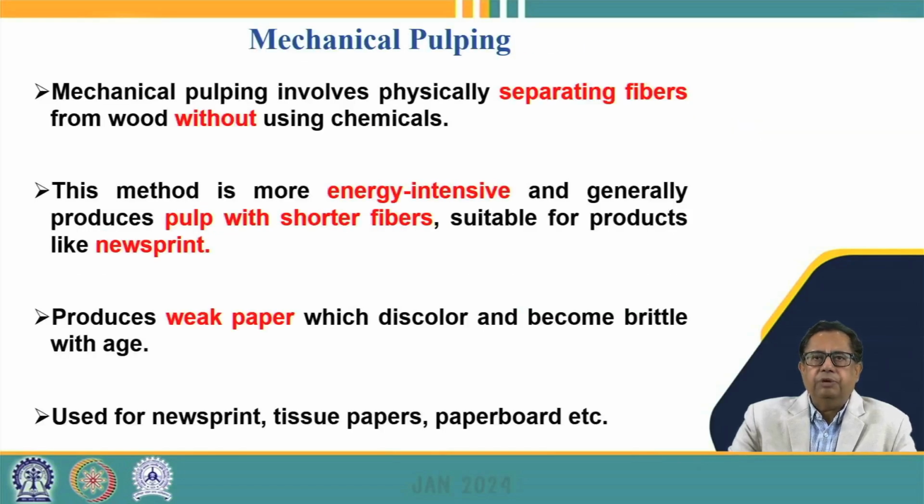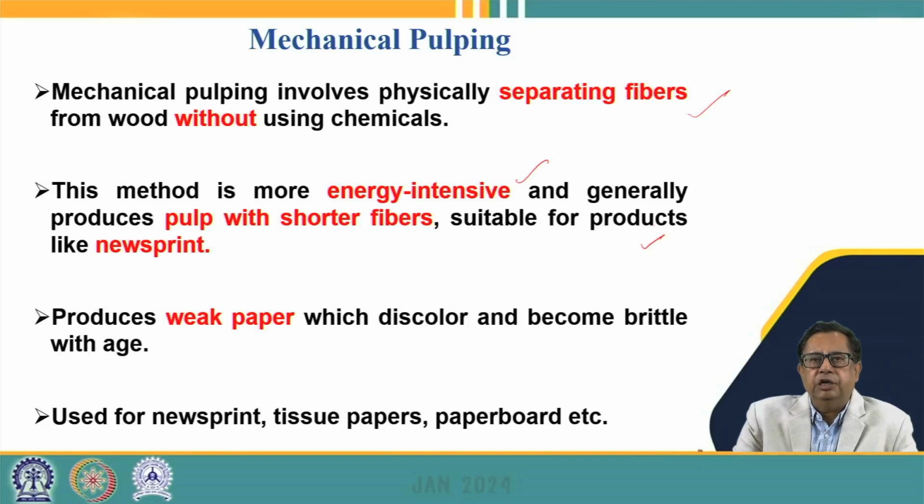So when we go for mechanical pulping, we are separating out the fibers without the addition of chemicals. Here we use a number of mechanical processes and machineries so that we can separate out these fibers from the rest of the wood. This may be very energy intensive because we are using a number of machining processes, and the fibers produced may be shorter fibers.